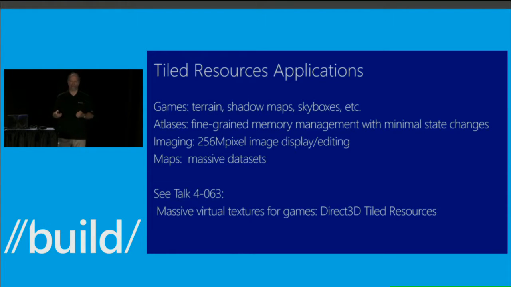It's just that most graphics cards really don't support the memory to be able to actually physically do that in a lot of cases. So that corresponds to like a 256 megapixel image, but with this ability to not map all the memory at once, you end up having to only allocate, like we said, 100 megabytes or so. And then other applications like a Bing Maps type giant image database is another interesting application. Matt's already given the talk on this yesterday.